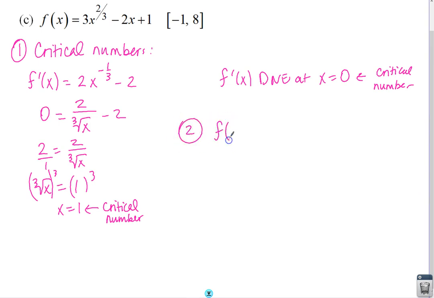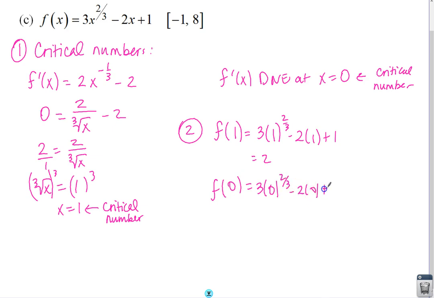So f of 1 is going to be 3 times 1 to the 2/3, minus 2 times 1, plus 1, which is 2. And then f of 0, my other one, is going to be 3 times 0 to the 2/3, minus 2 times 0, plus 1.